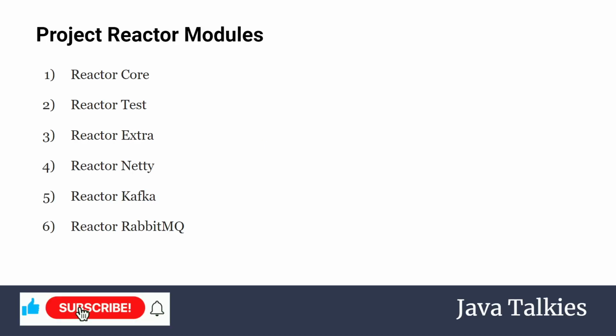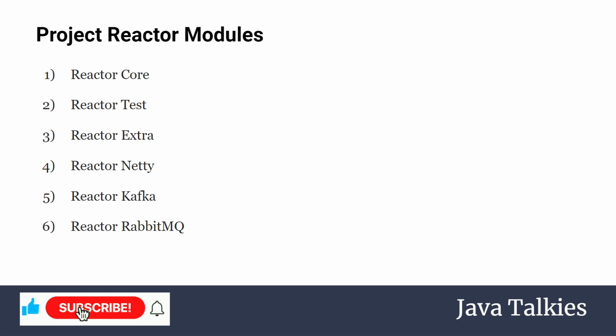Project Reactor provides a few libraries to build reactive applications, like Reactor Core. Reactor Core is the main module to build the application. It provides a few publishers like Mono and Flux.